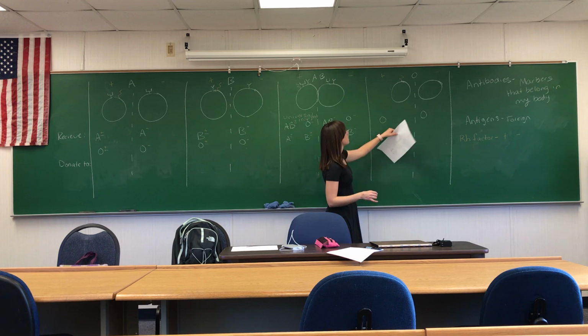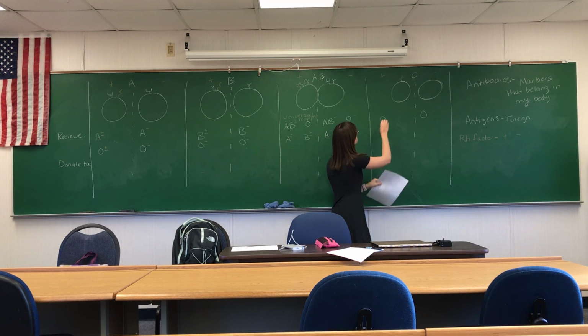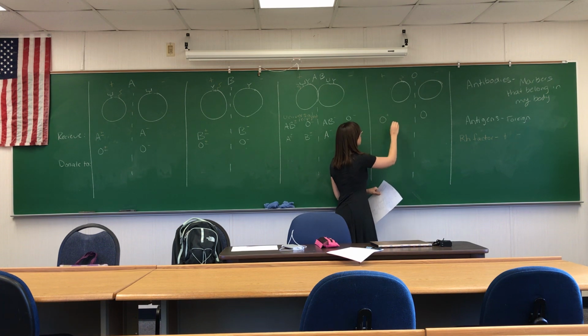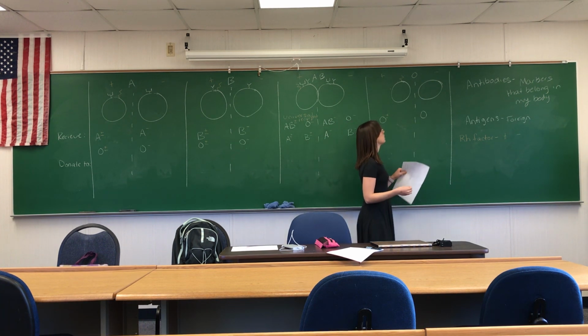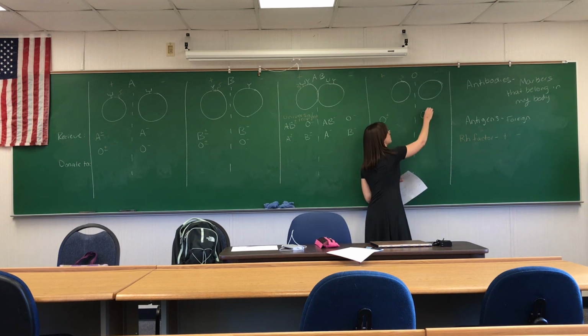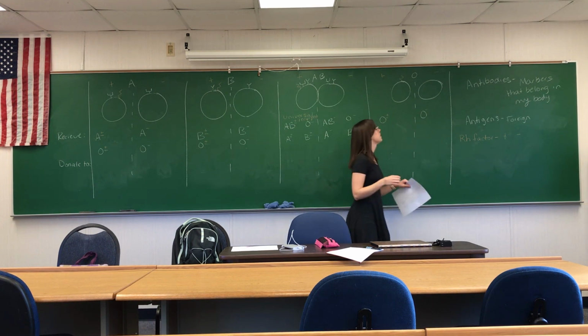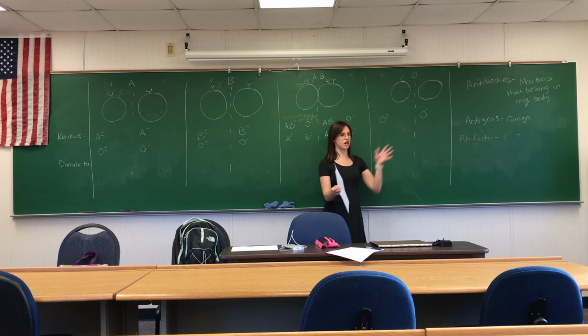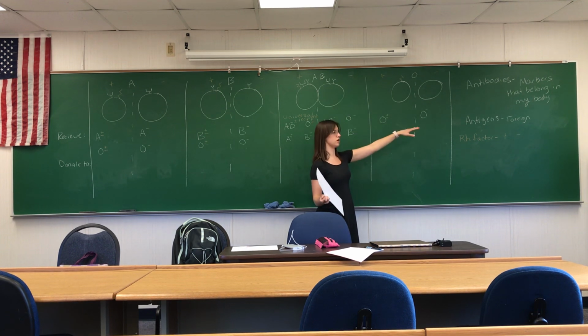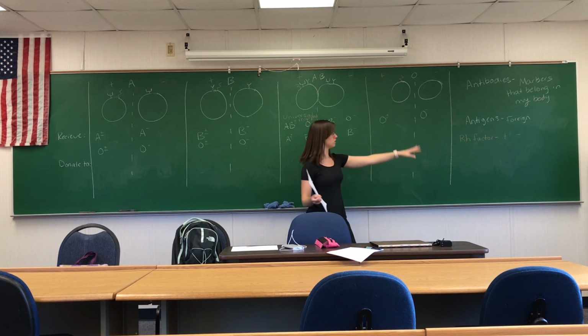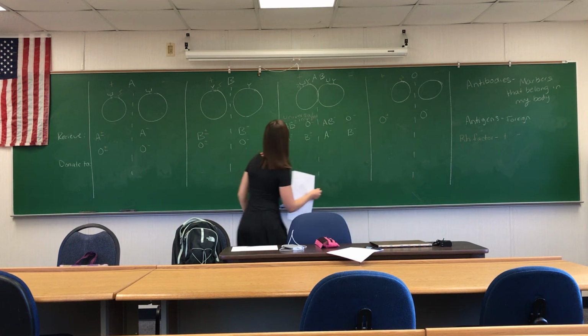And then O positive can receive blood from itself and from O negative. And then O negative can only receive blood from O negative because if you put any antigen with O blood, it doesn't work. So O negative is only itself.